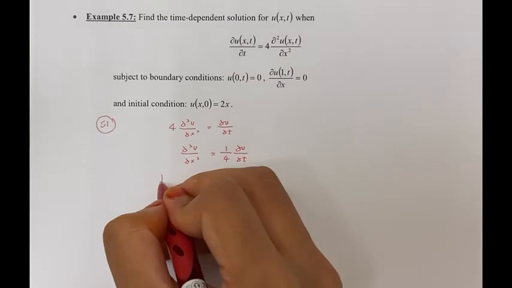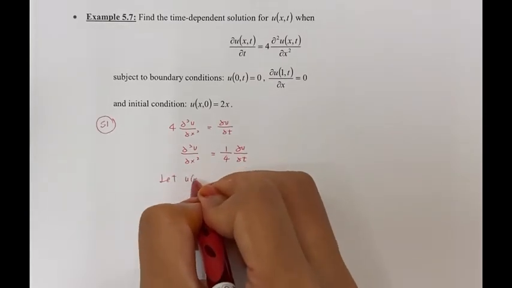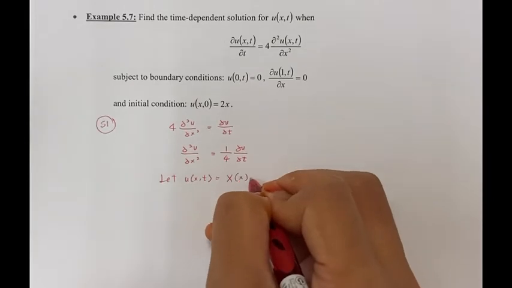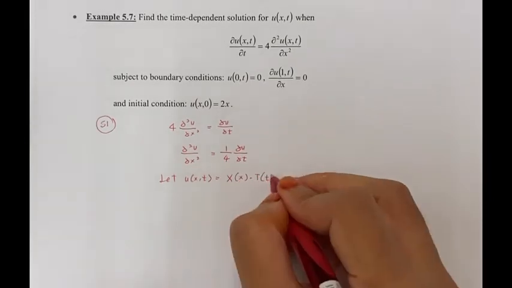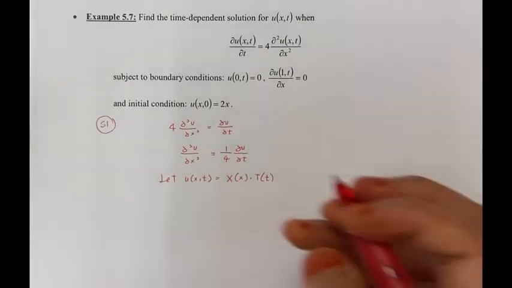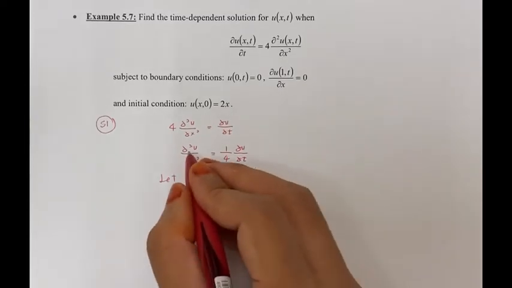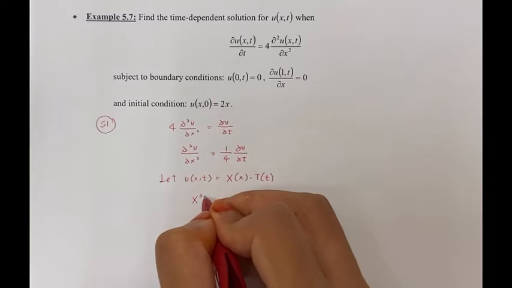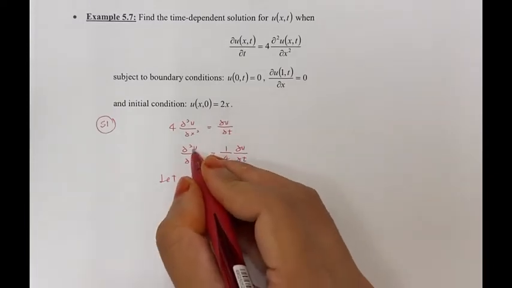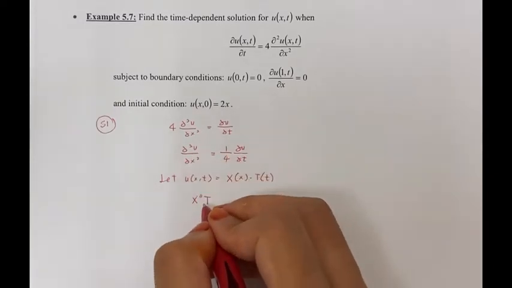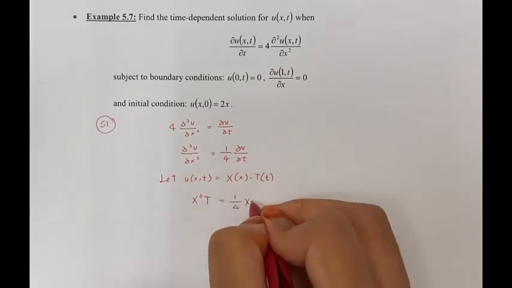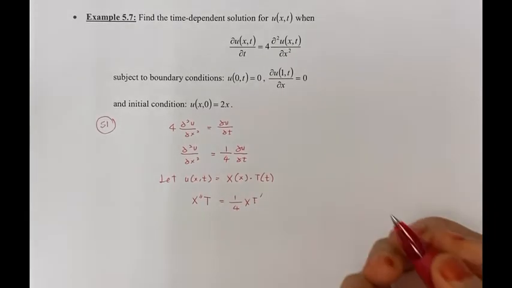You let u(x,t) equal to the product of X and T. So from here you have X double prime T equal to 1 over 4 X T prime.